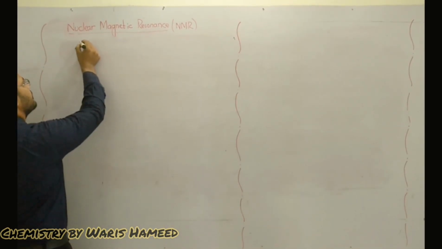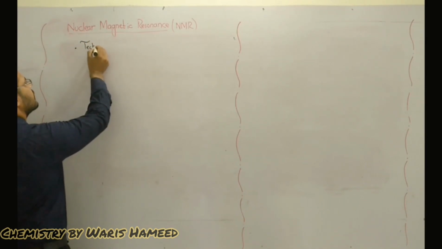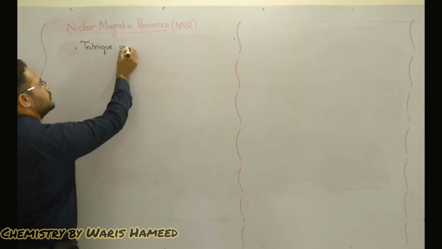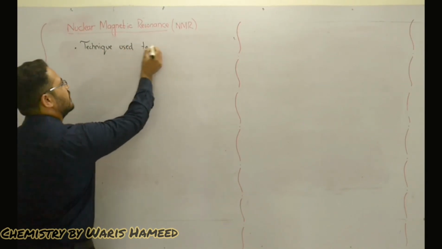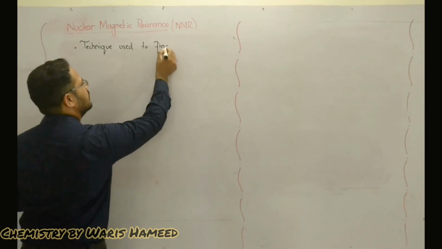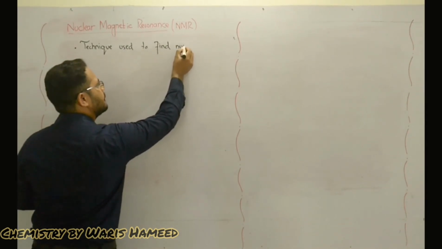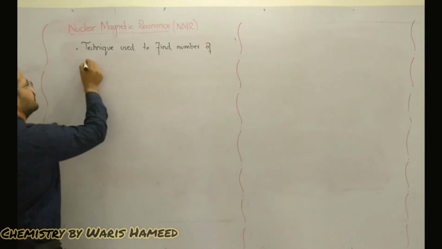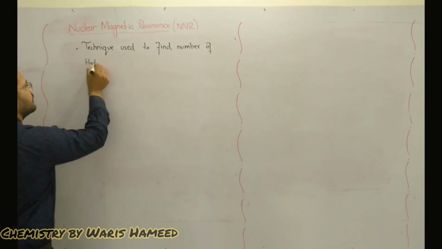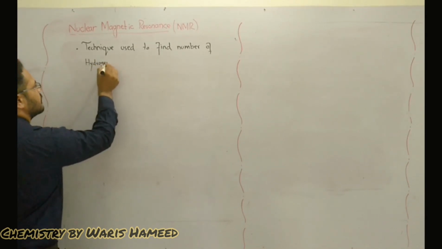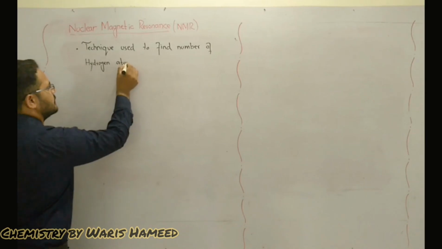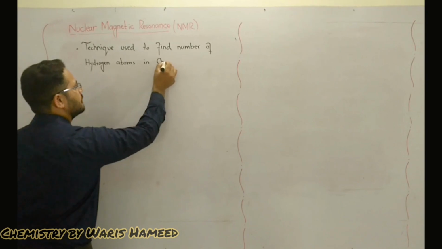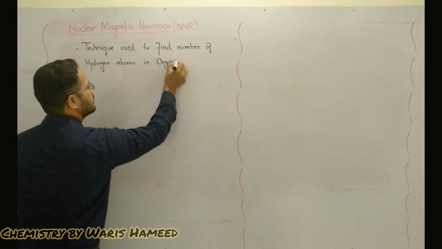It is a technique used to find the number of hydrogen atoms in an organic molecule.